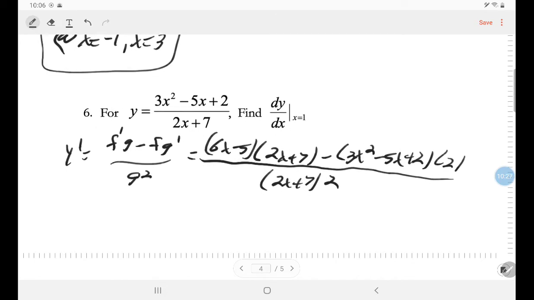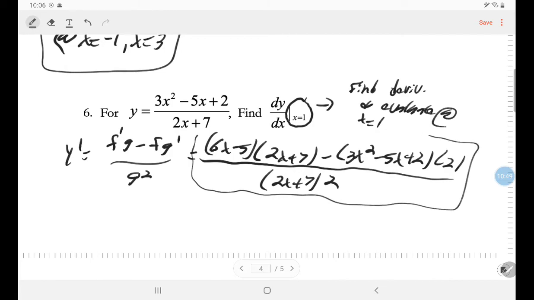See, I know what this little thing means. What this basically means is to find your derivative and evaluate at x equals 1. So in other words, if this equation right here is my y prime, what this thing is actually telling me to do is to find y prime of 1.